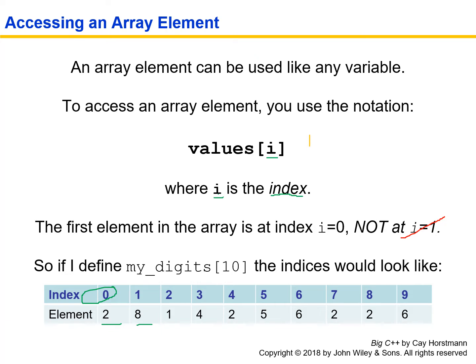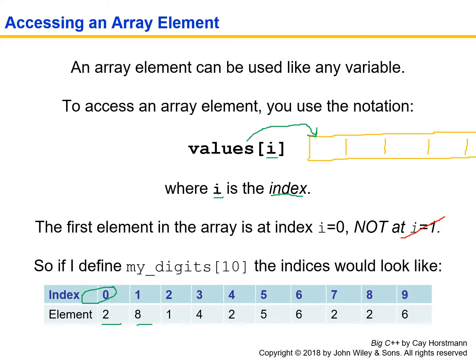The reason for this, again, is that if we imagine our array as a continuous chunk of memory boxes, so there's the memory box for our first integer, second integer, third integer, fourth integer, and it just keeps going on. The name values actually points to the memory location of the very first box.